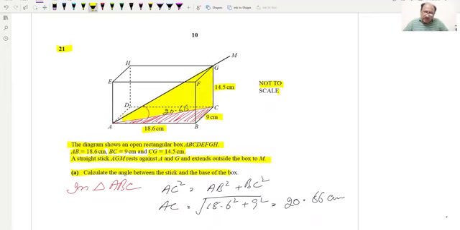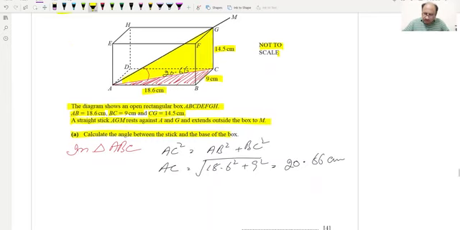So this is basically triangle ACG. Now in triangle ACG, CG is opposite. So we can write CG over AC is equal to tan theta.